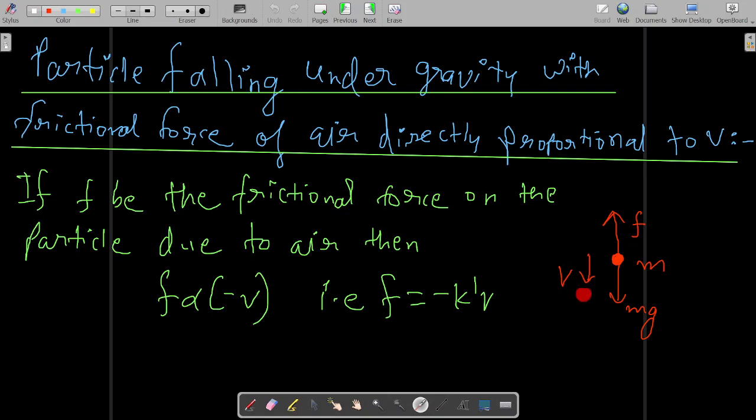Because the velocity of the object and this frictional force are in opposite directions. So F is directly proportional to minus V, that is F equals minus K dash V. Now what is this K dash? K dash is your constant. Whenever the proportionality sign is removed, some constant is introduced, so that is K dash.